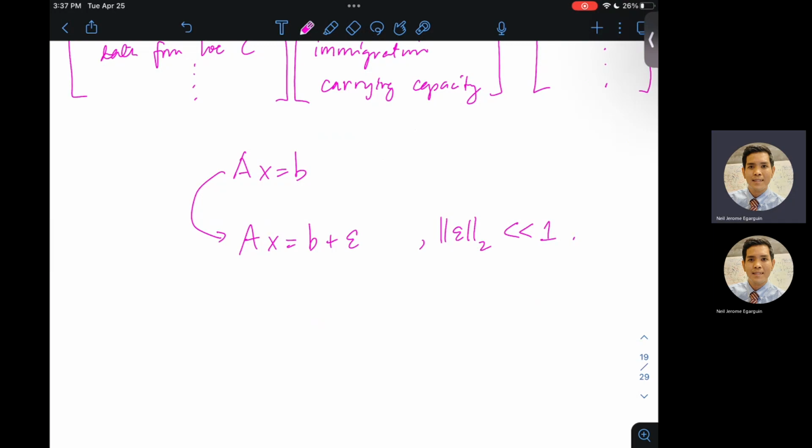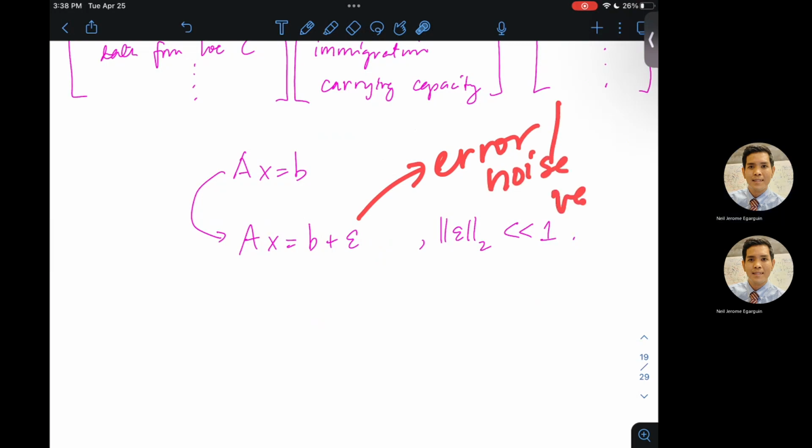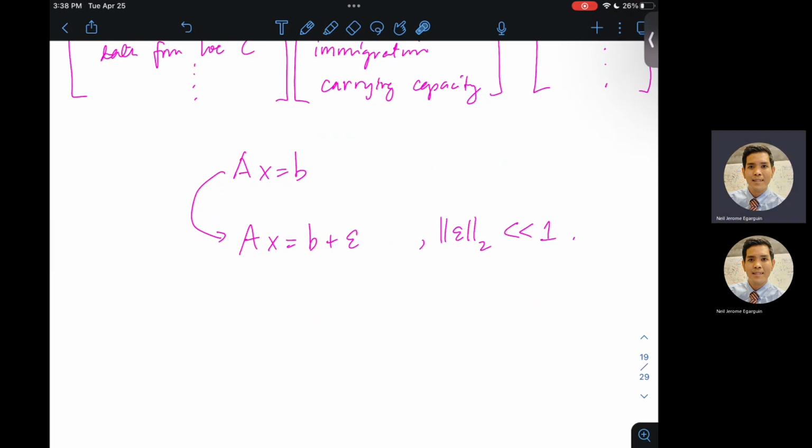That means we are looking at the ideal data, but when you do the measurements, you won't get exactly B. You will get B plus epsilon, where epsilon is the error vector or the noise vector. So whenever doing physical measurements, this is the system that you are feeding to your computers.